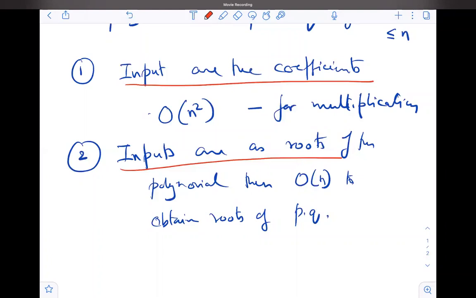We can try a black box thing, like a recursive type. Let's say I know how to multiply up to linear polynomials, degree one. If we take a quadratic polynomial, with the x square term and the x term, we can take out the x and convert it into one linear part and a constant part.